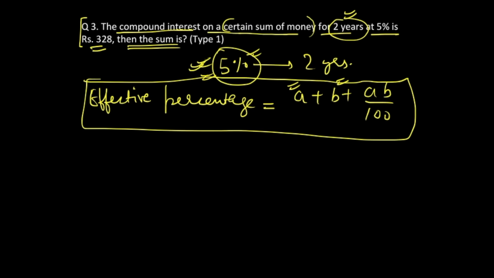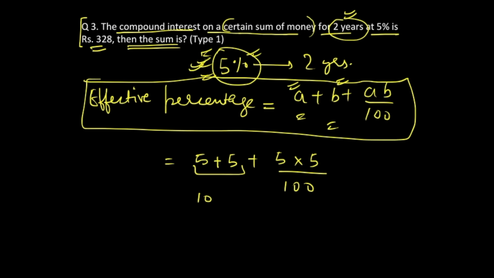If you put 5 in this case, in which a and b are both 5, you get 5 plus 5 plus 5 into 5 over 100, right? So 5 plus 5 gives you 10. 5 times 5 is 25. 25 by 100 gives you 0.25. If that gets added to 10, it becomes a rate of interest of 10.25 percent.